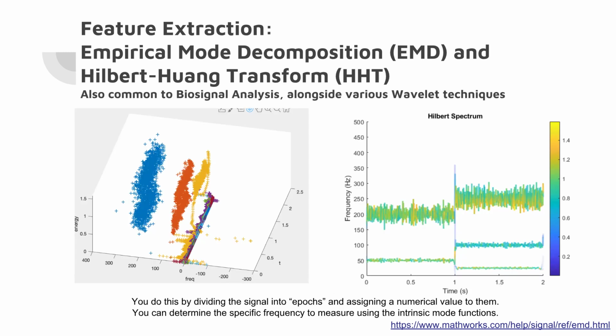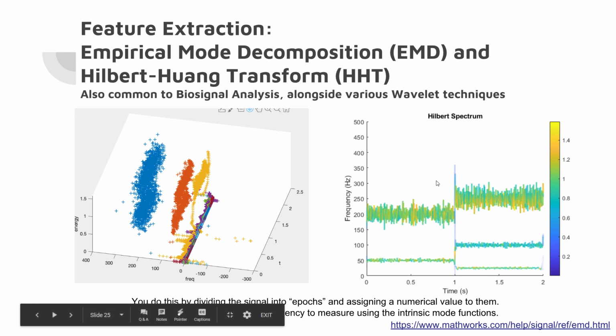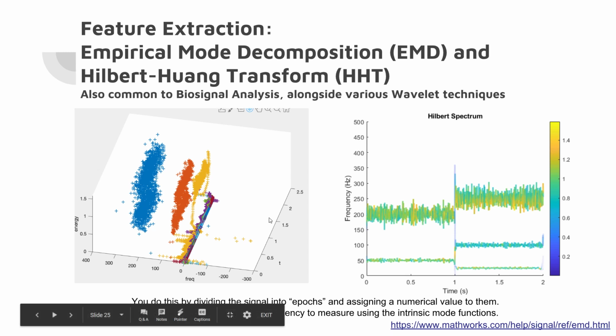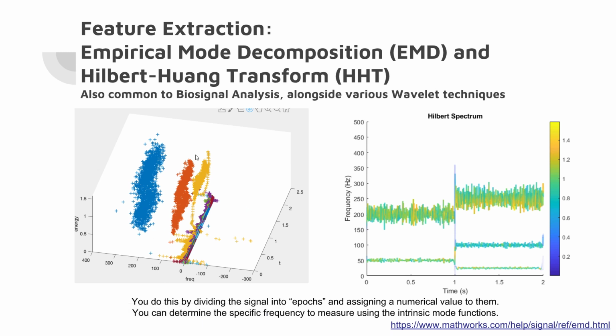On the right you can see a sine wave signal decomposed into its intrinsic mode functions, showing how the frequencies present change over time. On the left is an example of the energy at specific frequencies over time of that same sine wave signal, to give you an idea of what you might expect to see from doing the Hilbert-Huang transform with empirical mode decomposition.